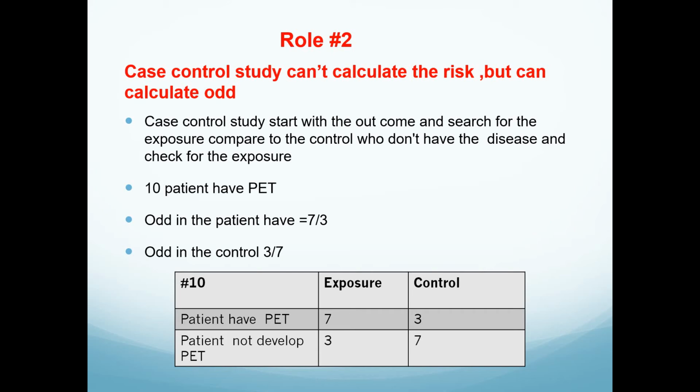How many of them have not been exposed? And how many of the exposed have developed the disease? How many of them did not develop it? Then you calculate the odds ratio. You can calculate the odds ratio, but you cannot calculate the relative risk and relative risk reduction.